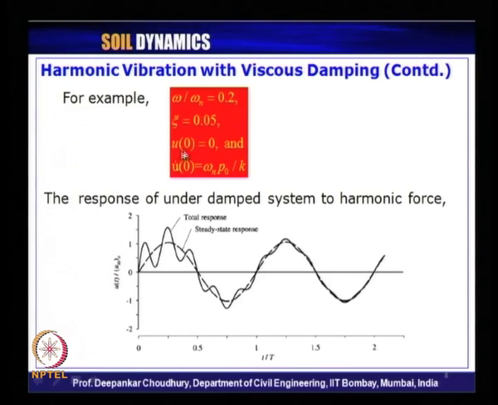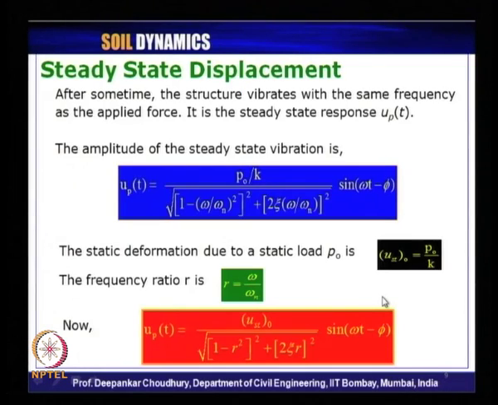As the initial displacement was 0, it starts from 0, you can see, and this is the total response as I have mentioned. Slowly with time it dies down, but this keeps on continuing because this is the steady state response, which remains harmonic. That is what I have also drawn. So, this is another example problem shown here.